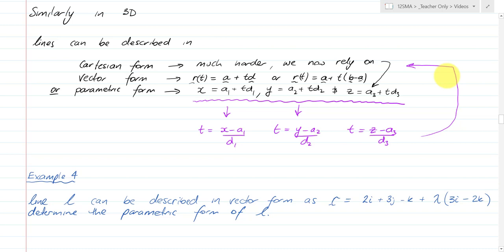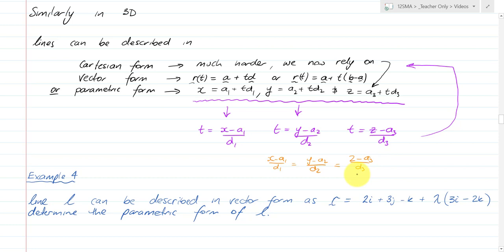We just end up with an a3 and d3. But now we get to a point here, if we want to go back to that Cartesian form, t equals this in terms of x, t equals this in terms of y, and t equals this in terms of z, which in Cartesian form means that you end up with (x minus a1) over d1 equals (y minus a2) over d2, which equals (z minus a3) over d3.